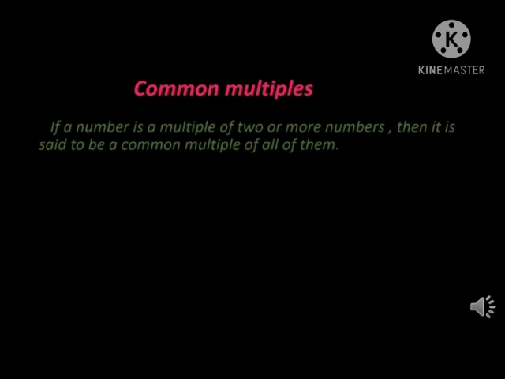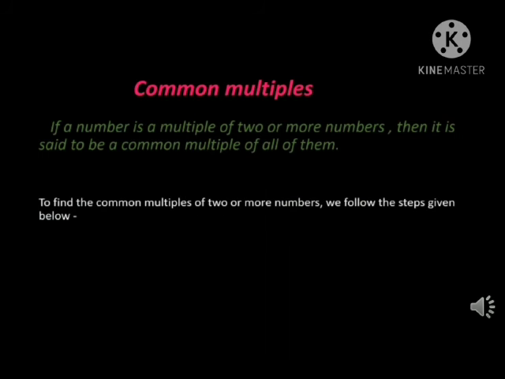Now let us learn about common multiples. First, let us see what is a common multiple. If a number is a multiple of two or more numbers, then it is said to be a common multiple of all of them. To find the common multiples of two or more numbers, we follow the steps given below.